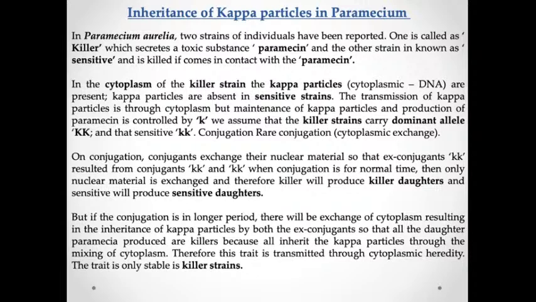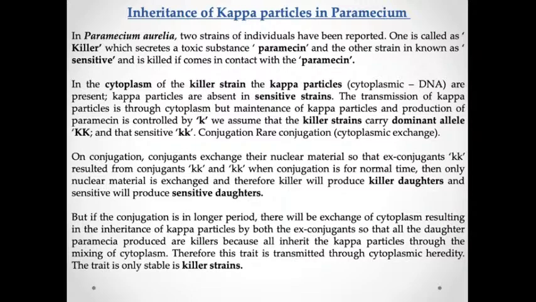Conjugants produce k k when conjugation is for normal time, and it will also produce killer daughter cells, and sensitive will produce sensitive daughter cells. So that is normal: killer will produce killer and sensitive will produce sensitive daughter cells.